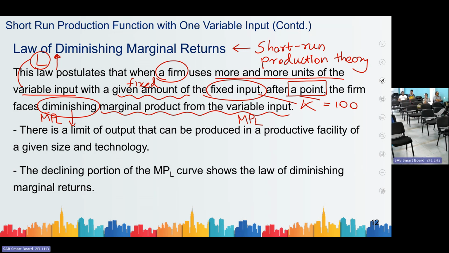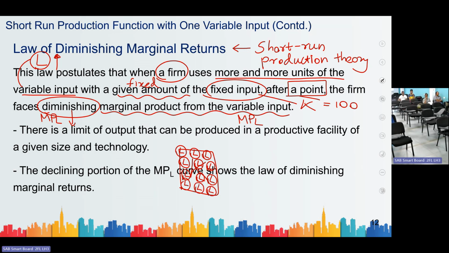When a firm increases its labor input with a fixed amount of capital input, labor units are increasing.